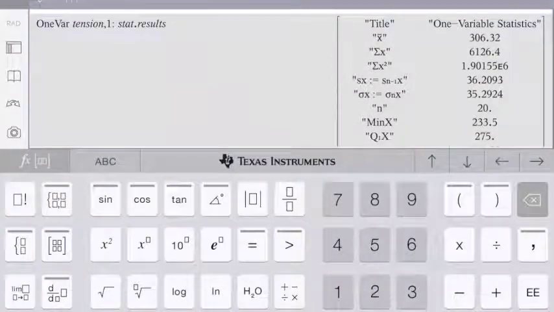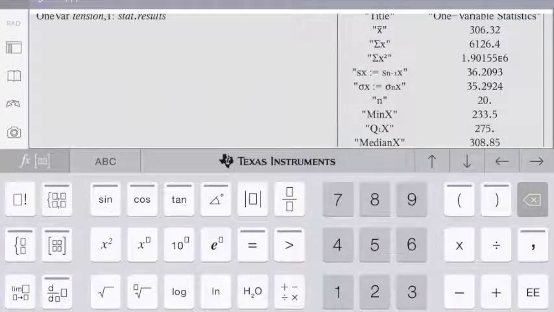Right, there's my x bar 306.32, and there's my s of x. Do not use the sigma because it's not sigma this time. But I'm going to use my calculator for the whole thing and show you how to do that right now.